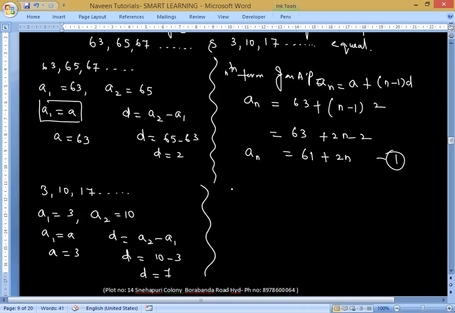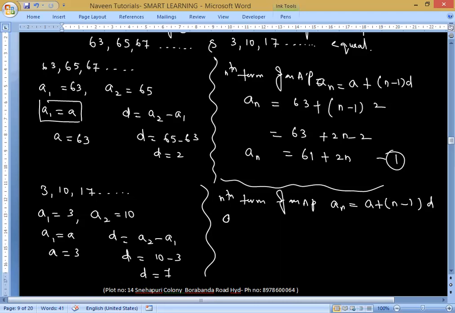So again what you have to do? Again you have to write the formula. Nth term of an AP, An is equal to A plus n minus 1 into D. What is the value of A?